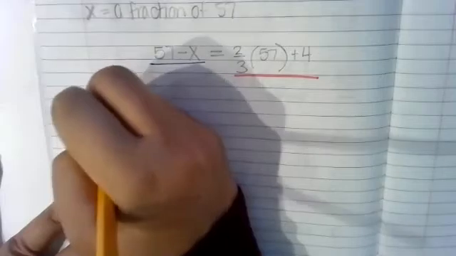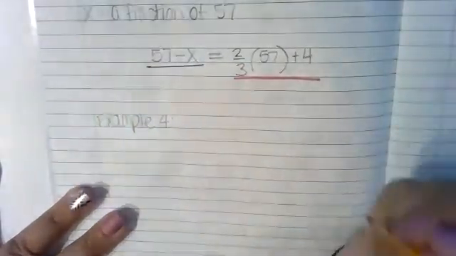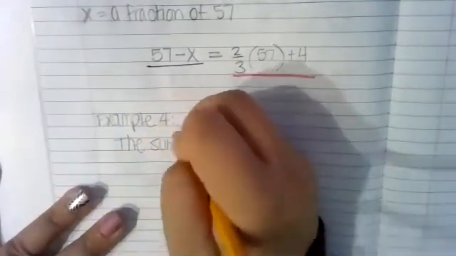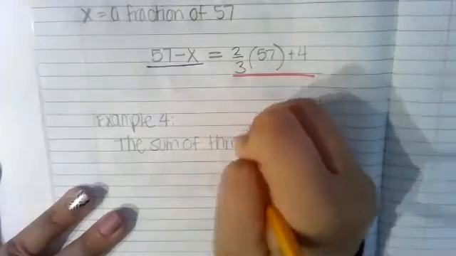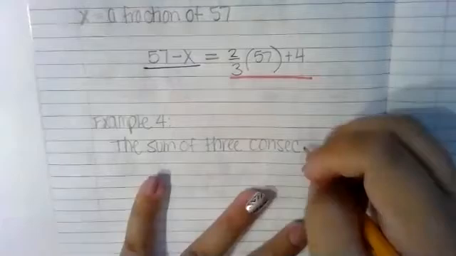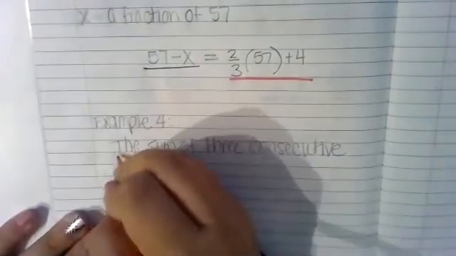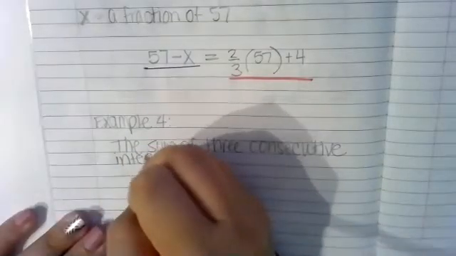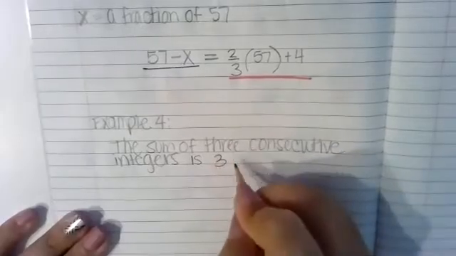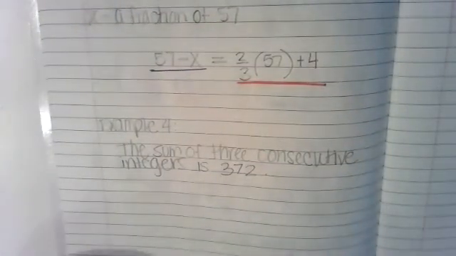So, example 4: The sum of 3 consecutive integers is 372. Okay.